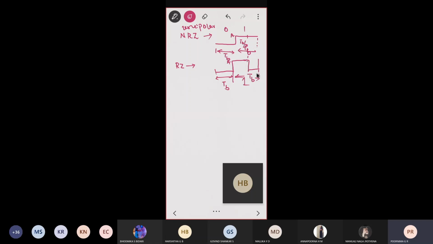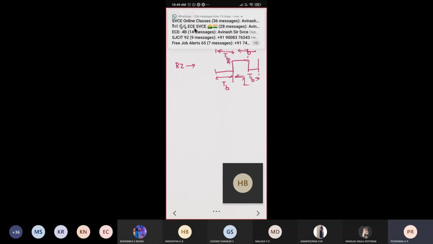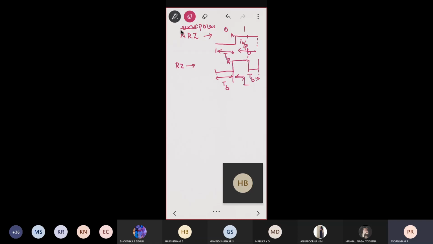Afterwards it returns to 0. This is for symbol 1 between the time duration TB seconds. This is return to 0 and non-return to 0 if it is unipolar. This is one signaling format we will be using in communication.